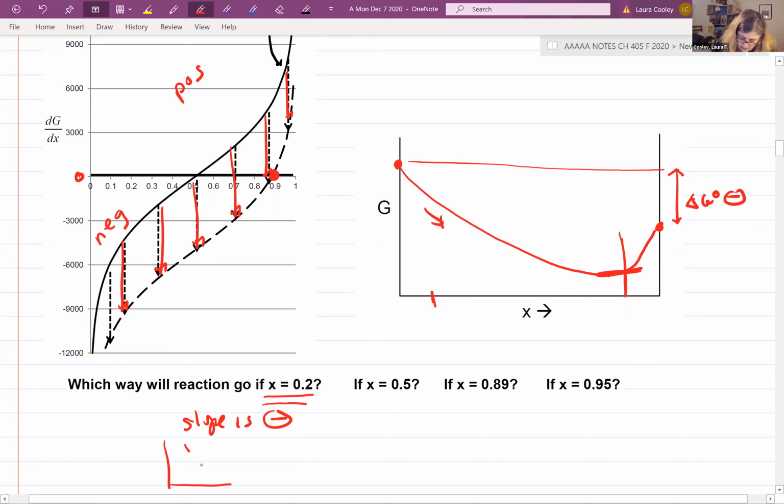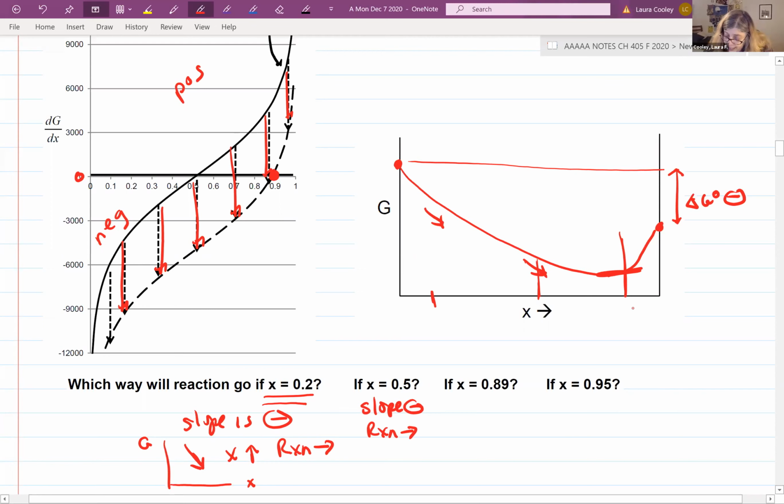So that means if the slope is negative, then to increase G, we have to increase X. So X increases, which means that the reaction goes forward. At 0.5, we're over here. We still have that same slope. Slope is still negative. So the reaction goes forward.